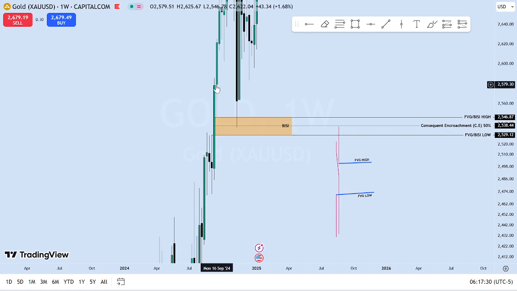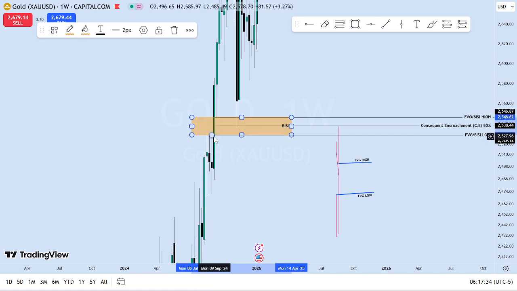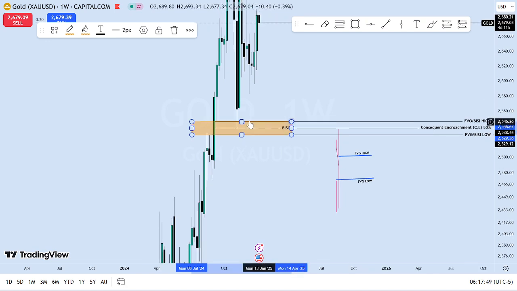It doesn't matter whether wick or body. What you are looking for is the gap there, that space, that inefficiency. Then you look out for the consequent encroachment, which is the 50% of the gap. So you'll be looking at when price will come and deliver inside the 50%.